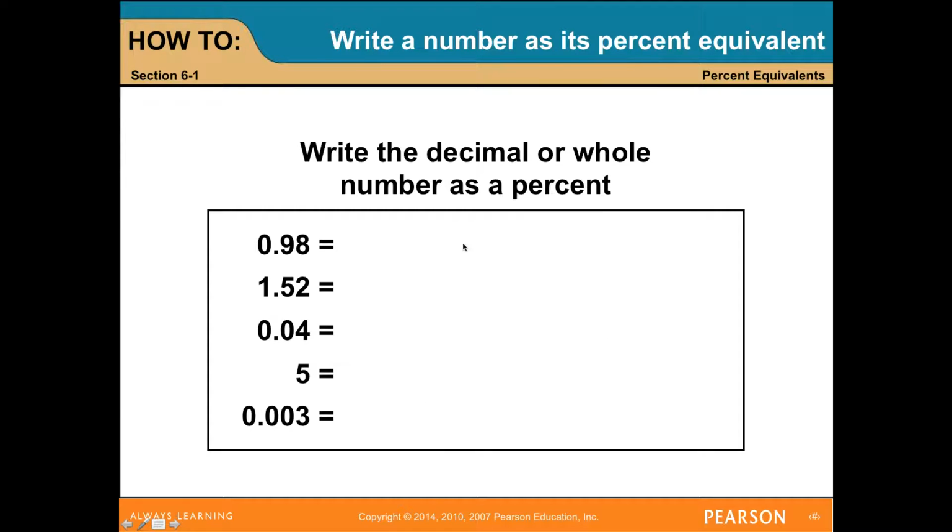Write the decimal or whole number as a percent. When you're multiplying by 100%, remember you move the decimal 2 units to the right.